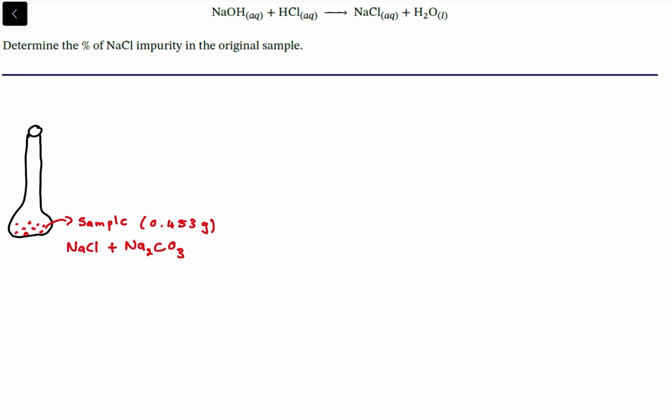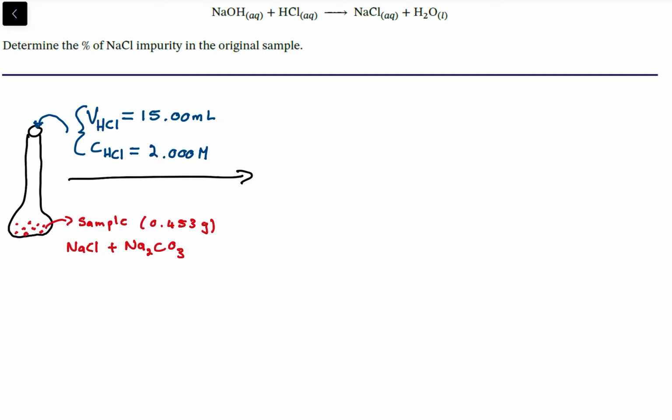Then to that, we add a solution of hydrochloric acid, which we say, well, we take 15 milliliter of this solution, which has a concentration of 2 molar, and we chuck that amount into this. This then, of course, results in a reaction.